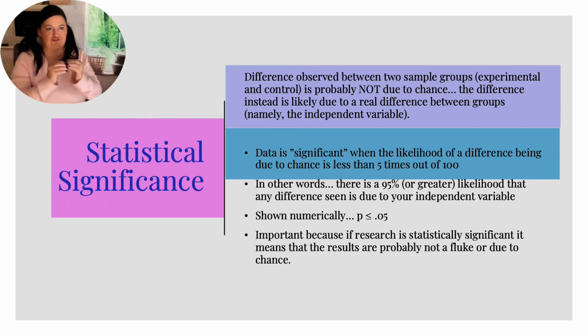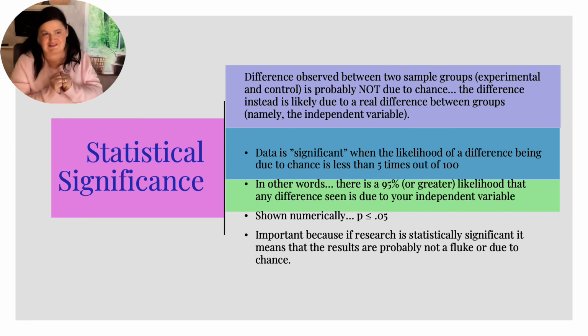So when you have a difference in alertness or happiness between your experimental and control groups, and less than 5% of it is due to chance, it's actually due to your independent variable, your caffeine. Then you have a statistically significant research data point. So in other words, there's a 95% likelihood that there is a difference due to your independent variable.